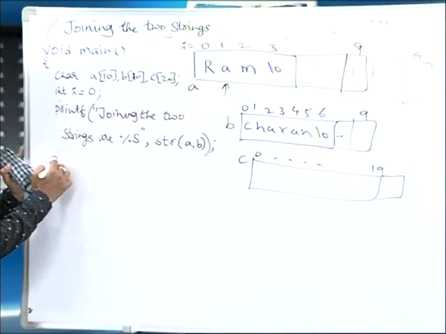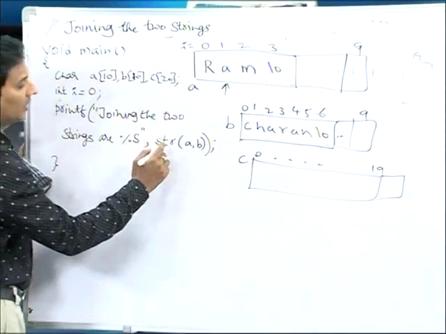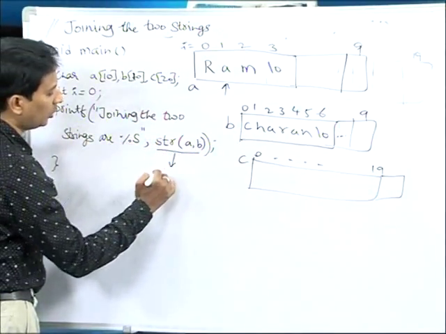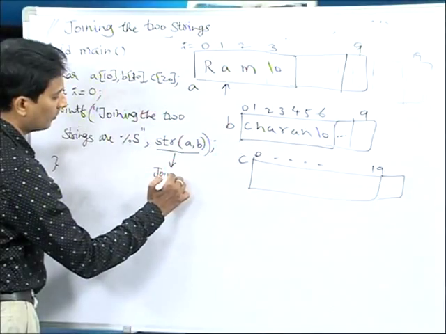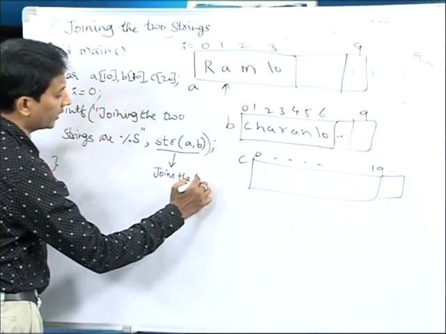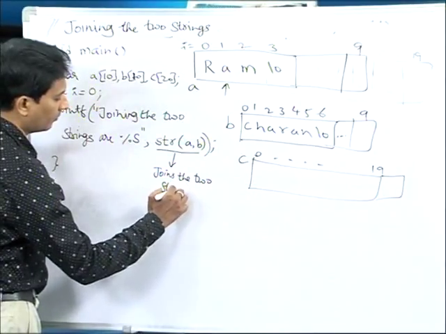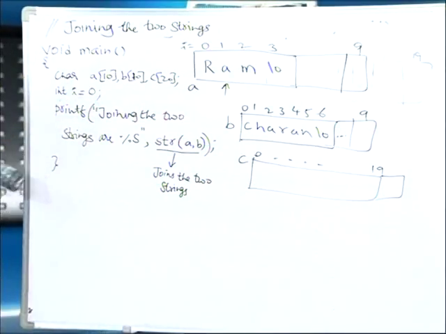Get ch, okay, the meaning of this one is which joins the two strings. This is the joining of the two strings, a simple program.